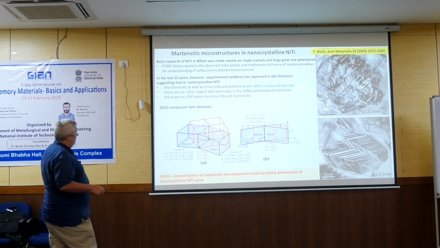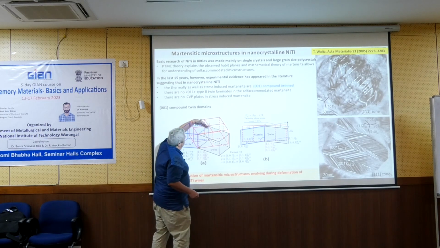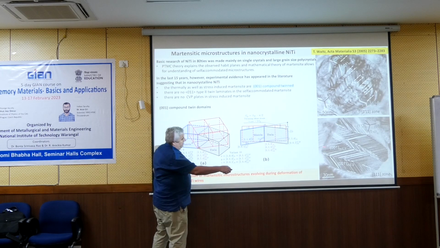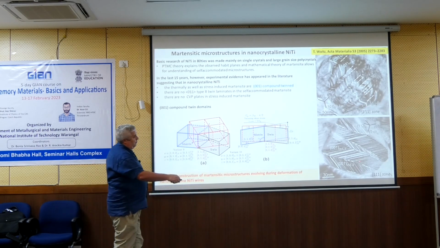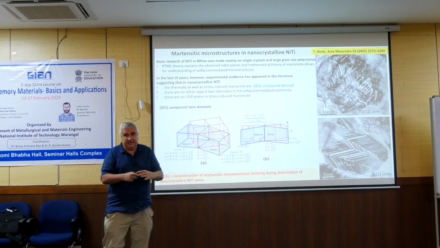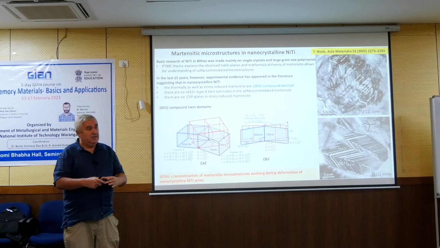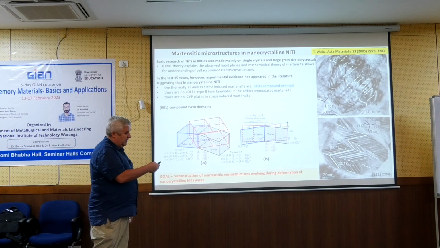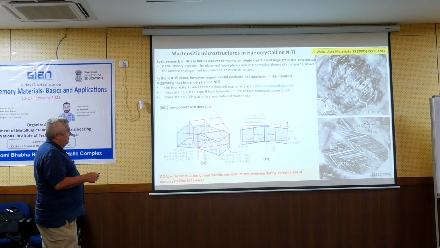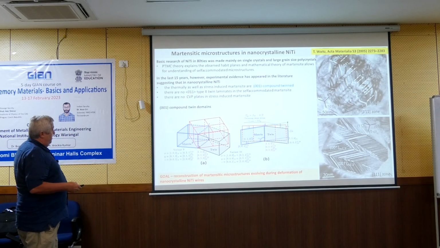Because this is one 001 plane, this is another 001 plane, this is another one, you can have another family of two twins, and in such a way the grain is filled with martensite variants. This is the result of research for which they finally published something like 7 or 10 papers.